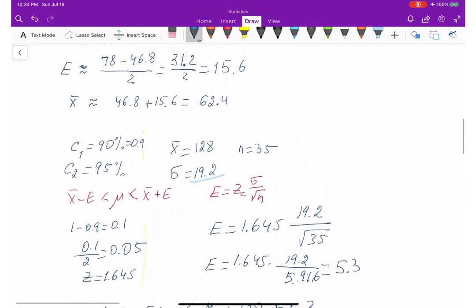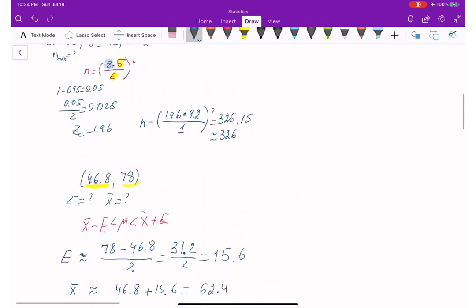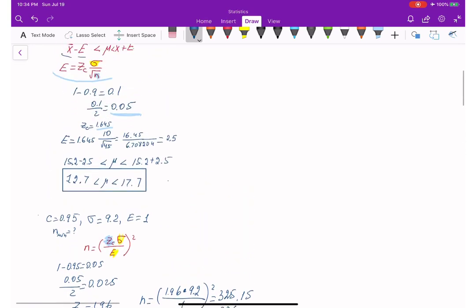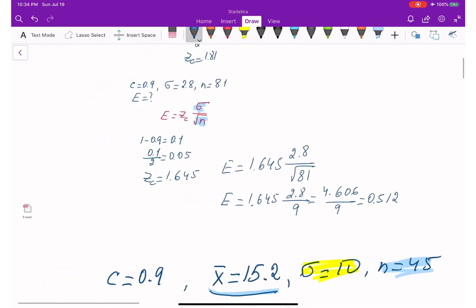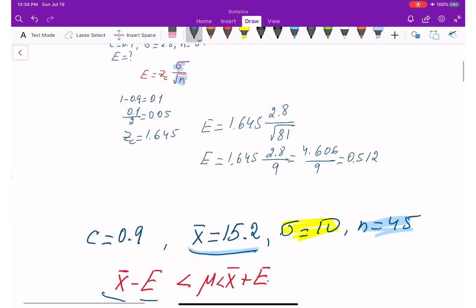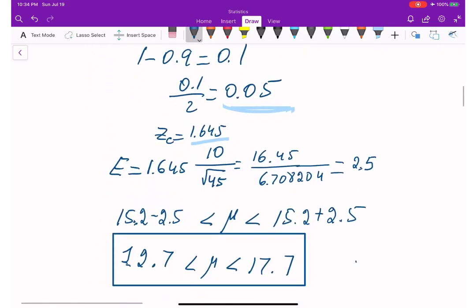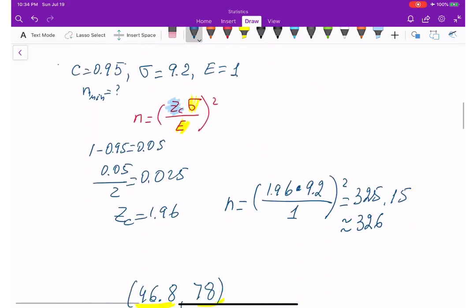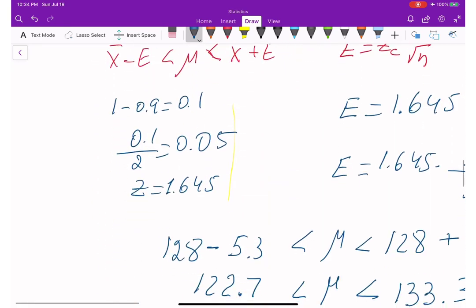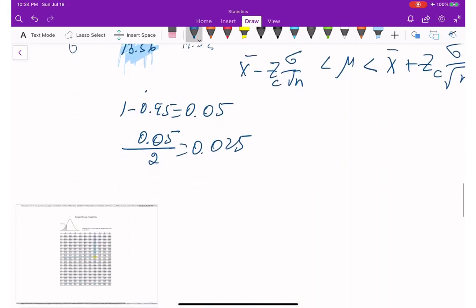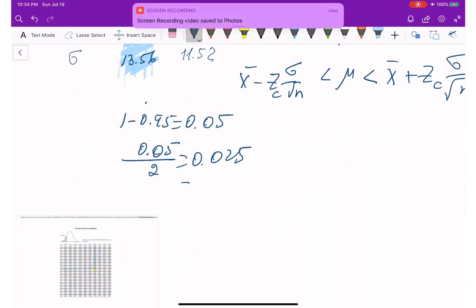And for 0.025, oh, here it is, 1.96. Okay. Z critical is equal to 1.96. All right.